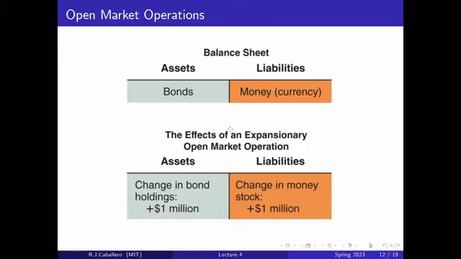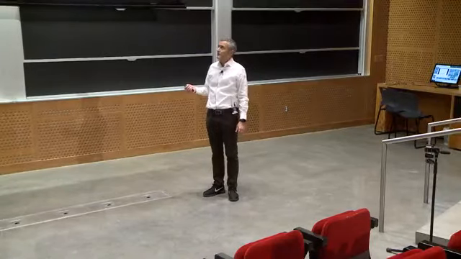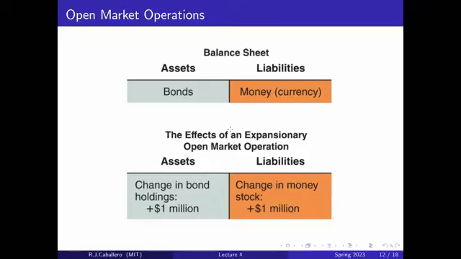So when the Fed decides to do an expansionary open market operation, say a $1 million expansionary operation, they do it in much bigger tickets than this, but let's make it simple. They go out there, they print $1 million, and they buy $1 million of bonds from the market. Okay?